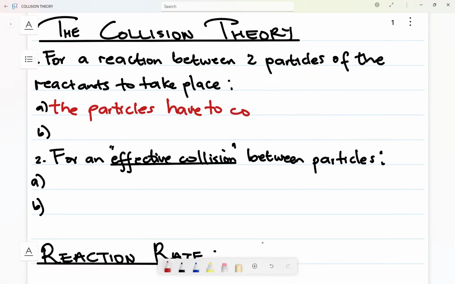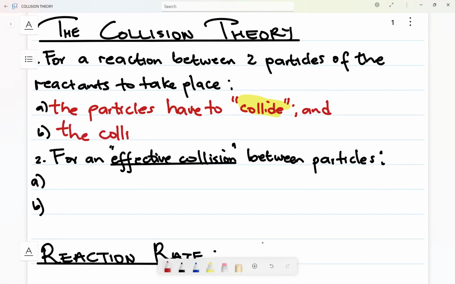Very important: collide. Hence, we are saying it is a collision theory. Not only should they collide, but they should collide how? Effectively.